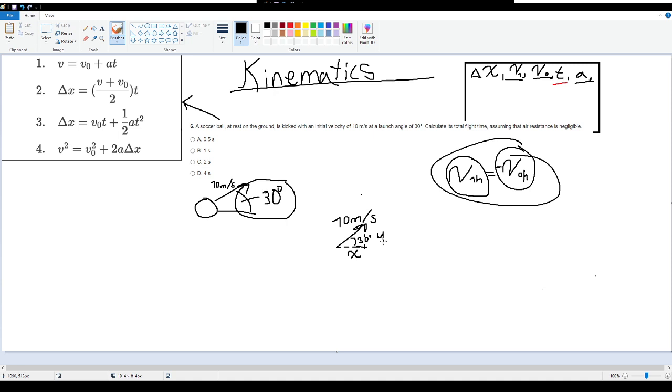let me write x and y. x will equal, simple trigonometry, hypotenuse times cosine of the angle.